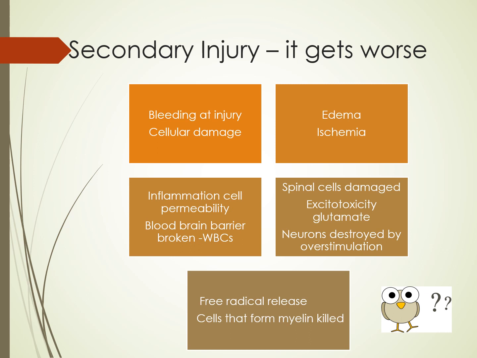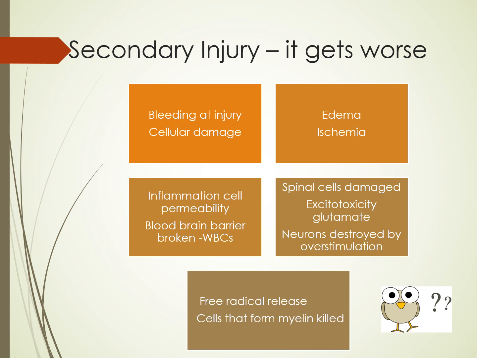Alright, the secondary injury. So this is what can cause some more significant damage, and it gets worse. So you can imagine there is bleeding at the site of the injury, so you get cellular damage there, and from there becomes edema, then you get ischemia, and then you get more necrosis.